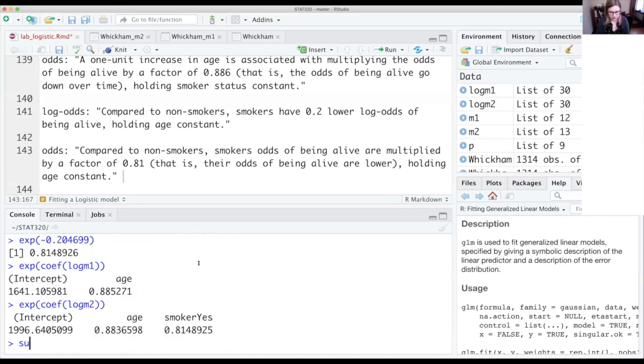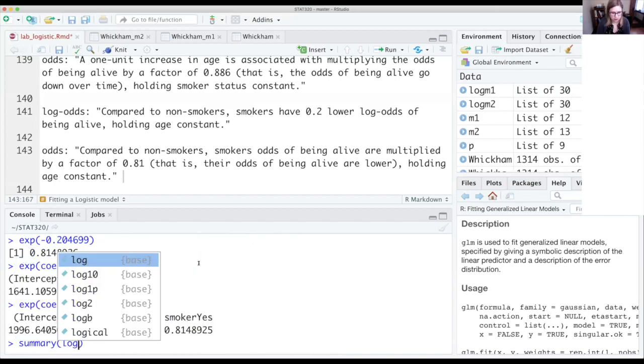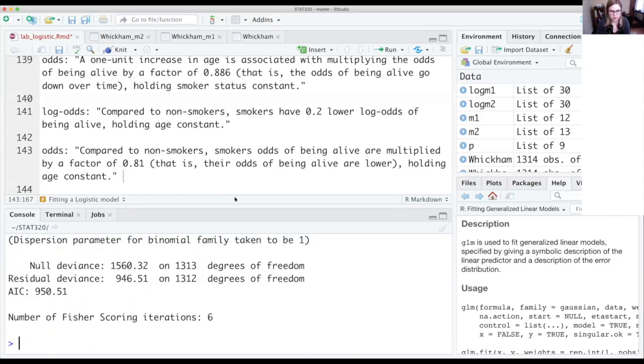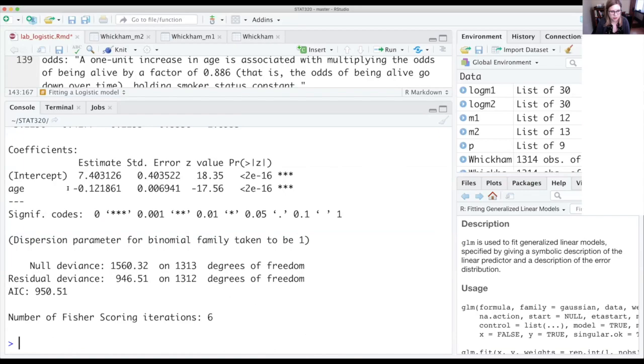So let's do a simple logistic regression. So this is my simplest logistic regression for the age coefficient. If I wanted to do a confidence interval in the log odds space, I could do it by hand. I could take my estimate, and then I have my standard error here.